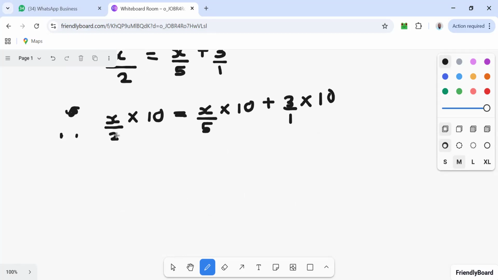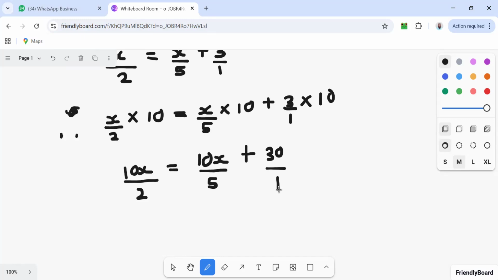All right. So the left side will be 10x over 2, because x over 2 times 10 will give you 10x over 2, is equal to x over 5 times 10, which gives 10x over 5, plus 3 over 1 times 10 is 30 over 1.